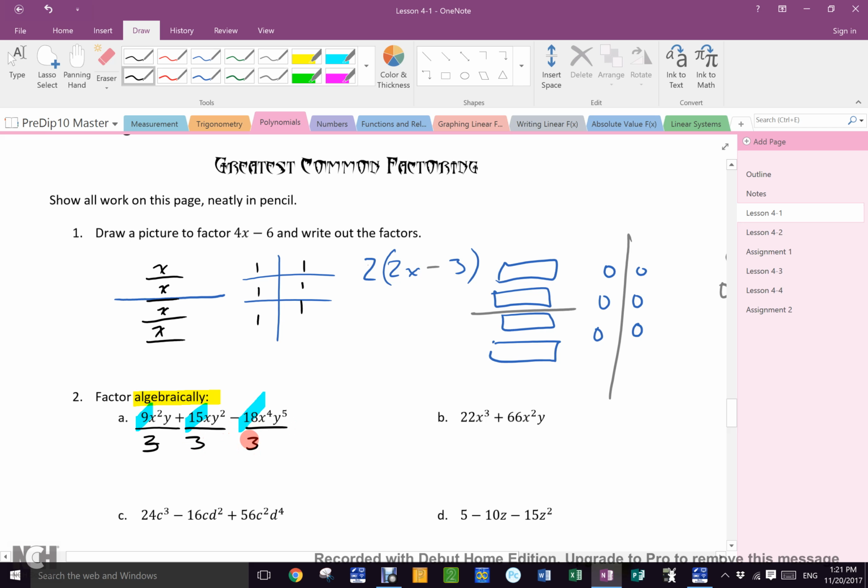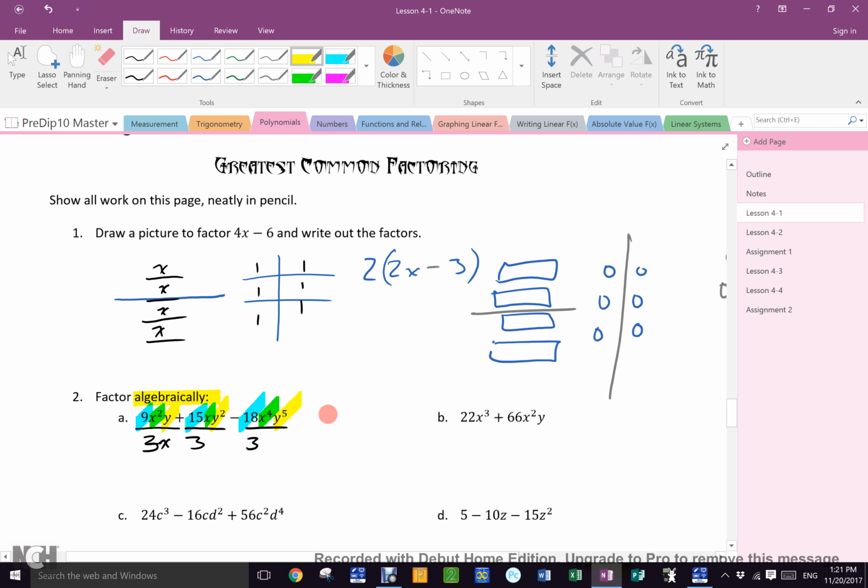Then, of course, you will notice that X, there's 2 of them, 1 of them, and 4 of them. What's the biggest amount of X's I can split out of there? 1 single X. Then I would look at the Y's. Oh, yes, I expected you to know that. Why? Because you all took grade 9 math.